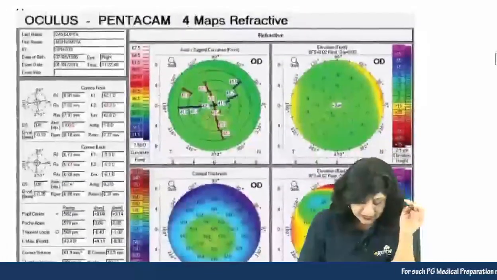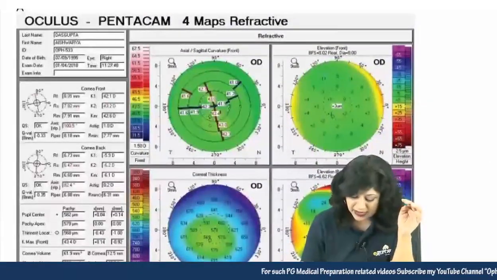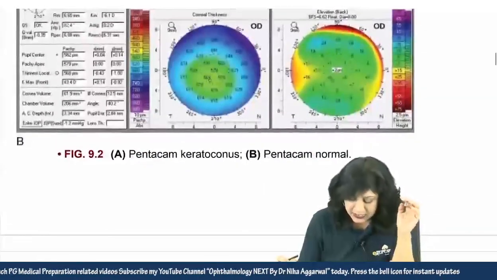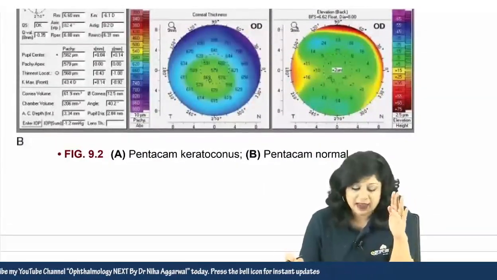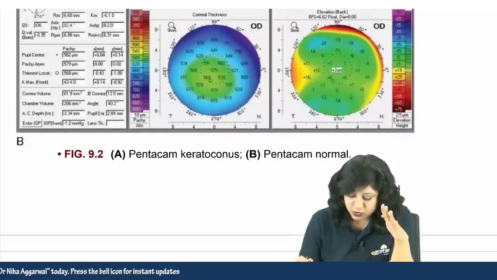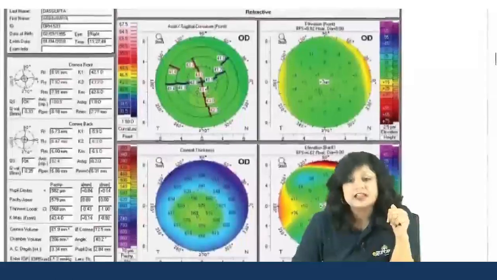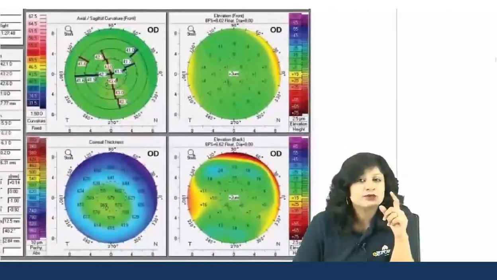Then we have another Pentacam image with these four refractive maps, so you should know them, right? Now if you compare, the first one is keratoconus and the second one is normal. This is your normal one. Can you see more of the green color here?